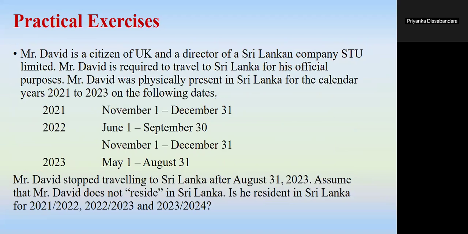In this case, Mr. David is a citizen of the UK and a director of a Sri Lankan company. Mr. David is required to travel to Sri Lanka for his official purposes. Mr. David was physically present in Sri Lanka for the calendar years 2021 and 2023 on the following days.